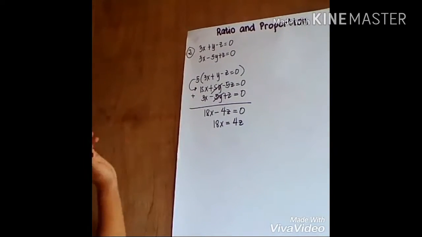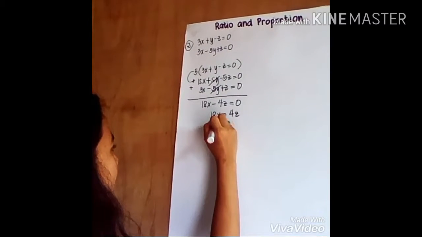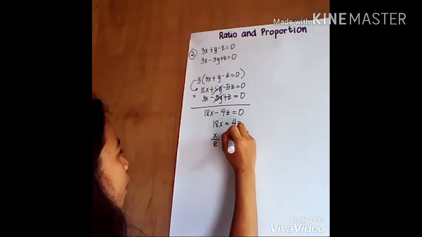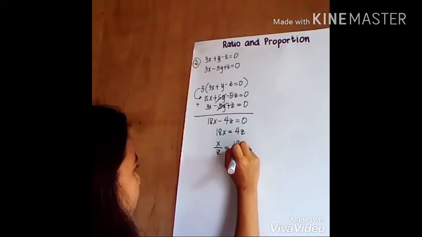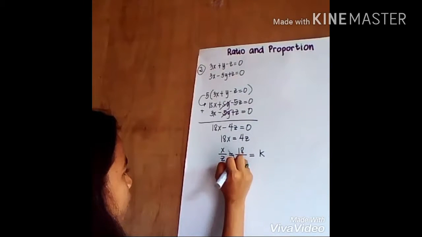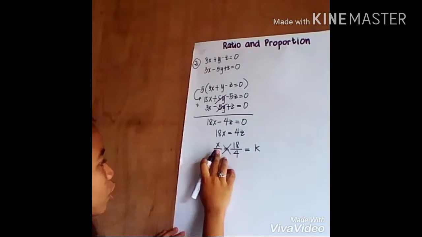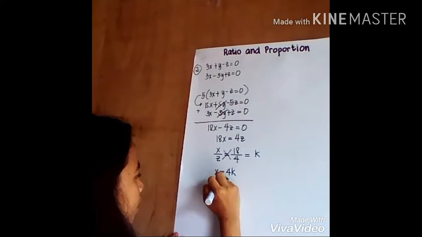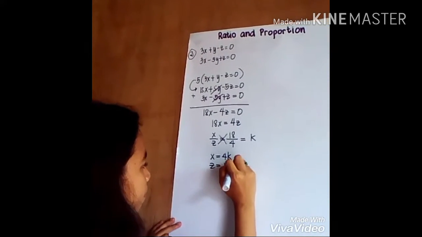Now we can say x over z is equal to 4 over 18 is equal to k. So cross multiplication, x is equal to 4k and z is equal to 18k.